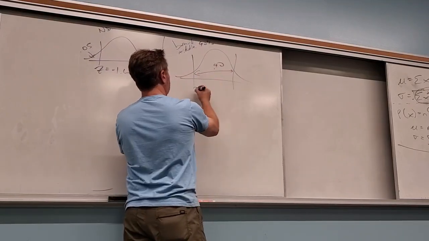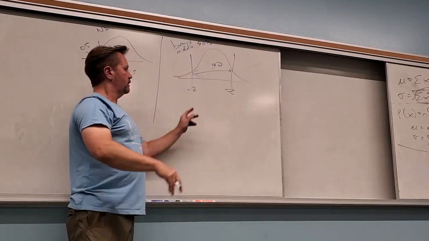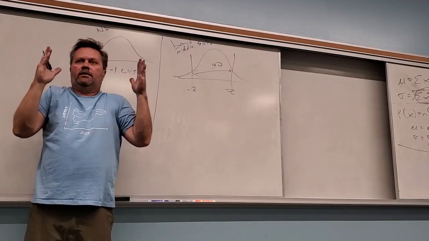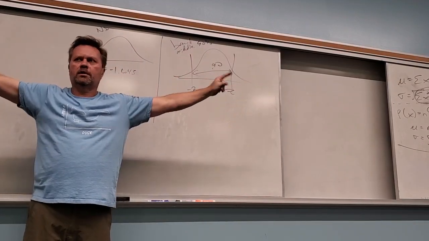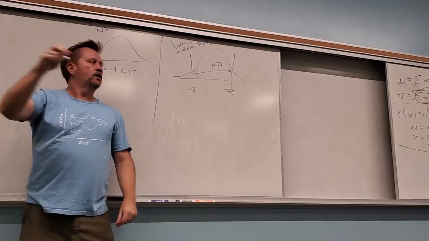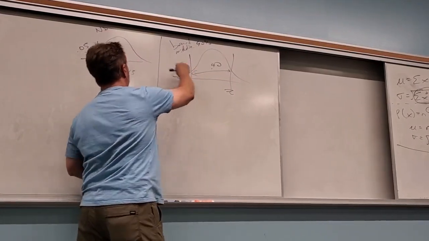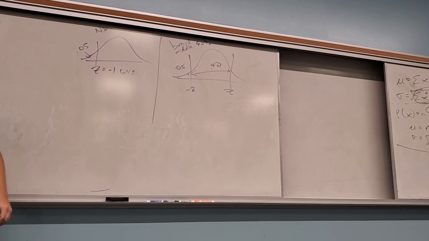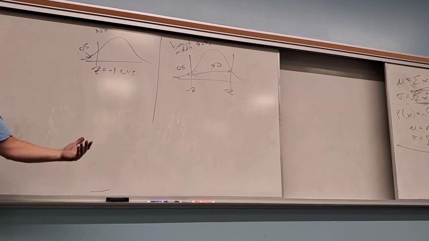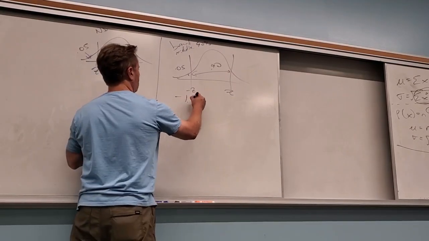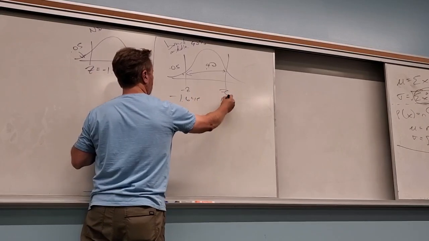So I want this Z-score and this Z-score. So how much is outside then? The 90% inside, 10% outside, 5% there. Do you see how I've made it into exactly this problem? Same problem. Same answer.